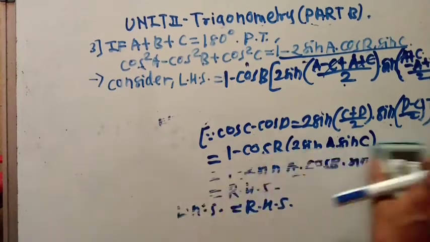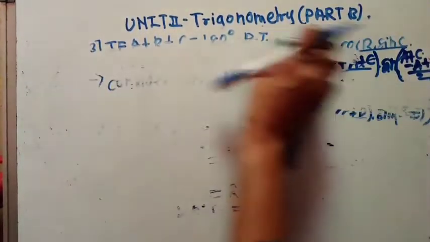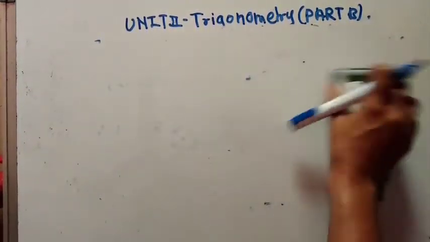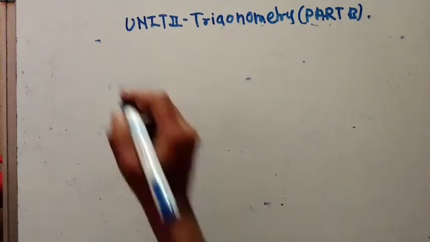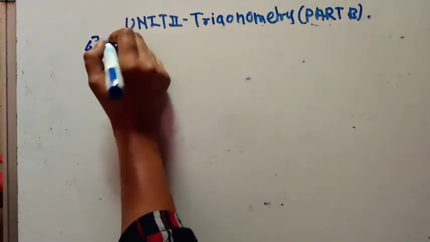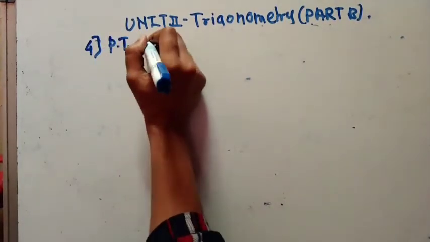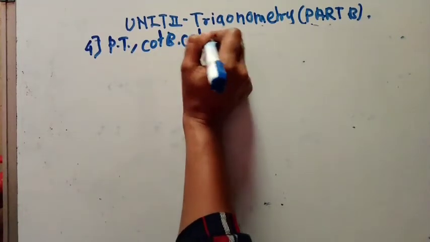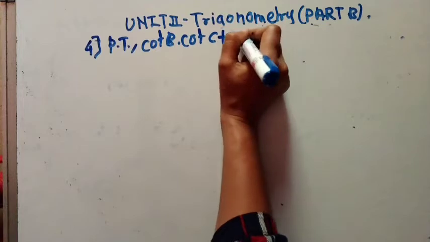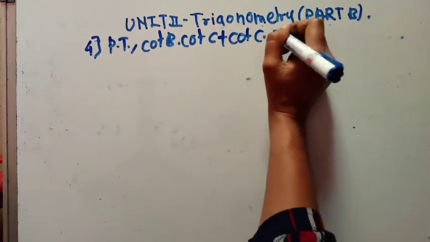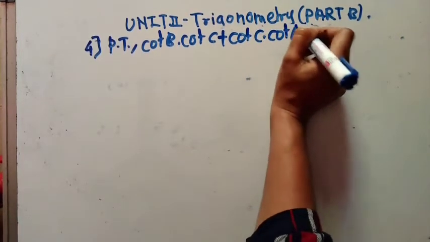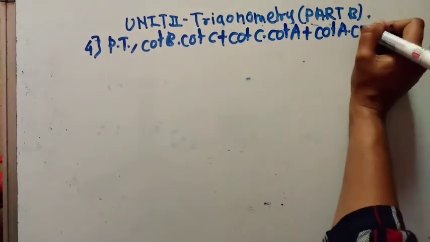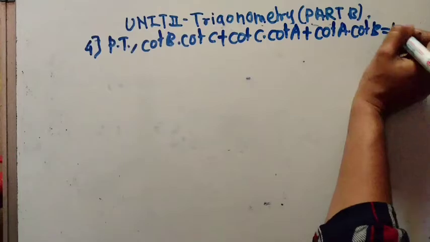Then we give the next example. We give the fourth example. Prove that cot b into cot c plus cot c into cot a plus cot a into cot b is equal to 1.